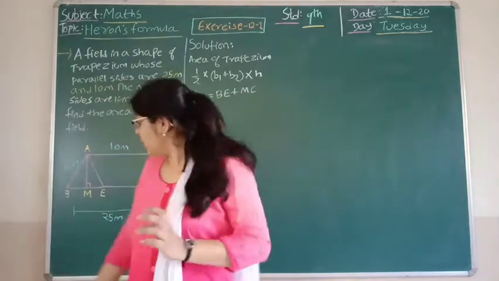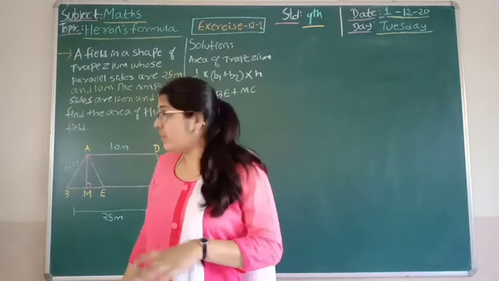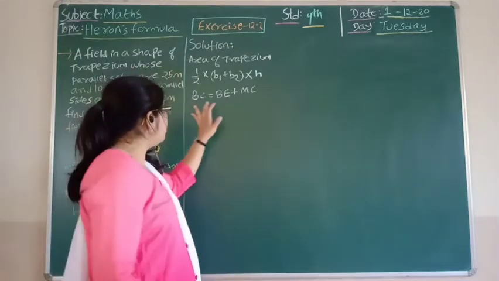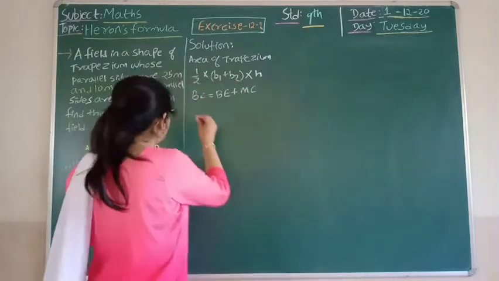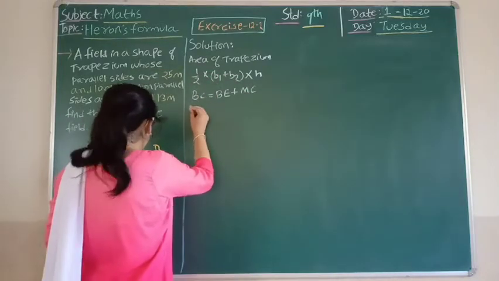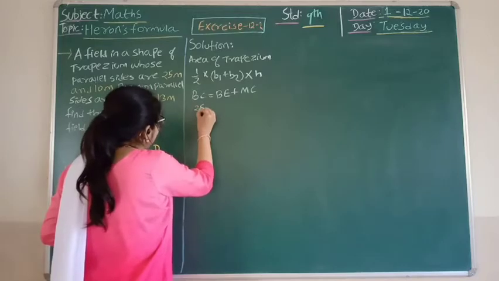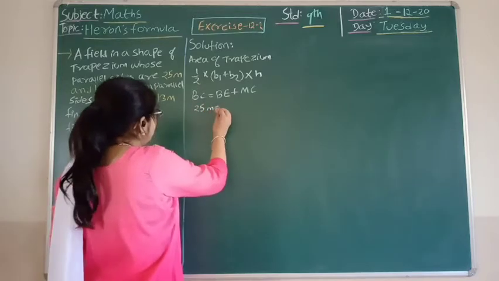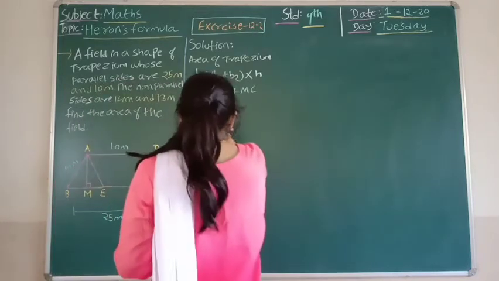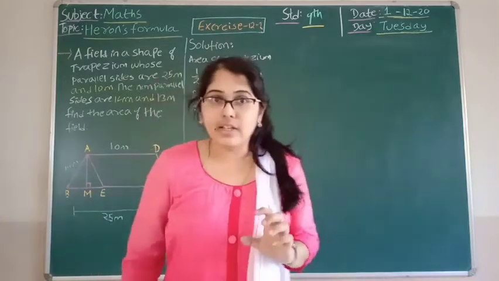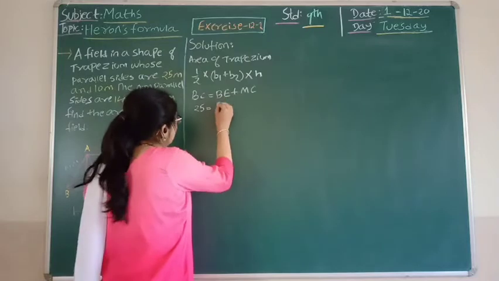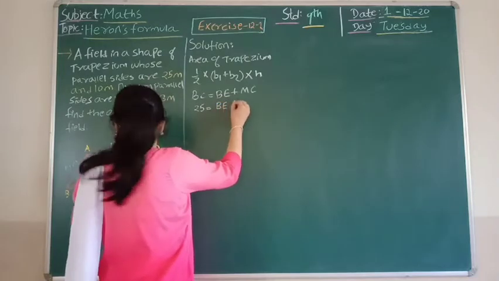Now we need to find BC. So I am writing BC, that is 25 meter. Now we need to find BE. So the question arises, what will be MC?